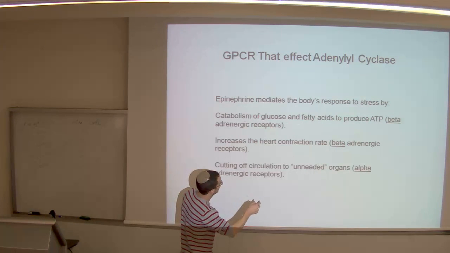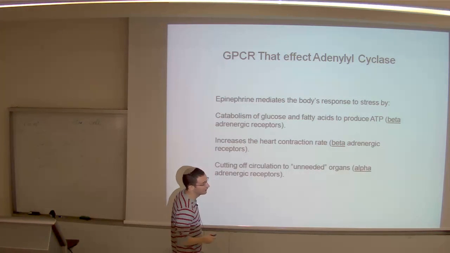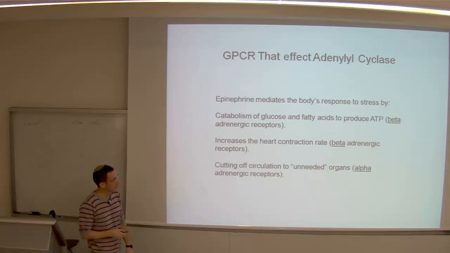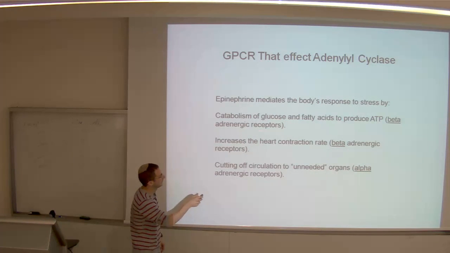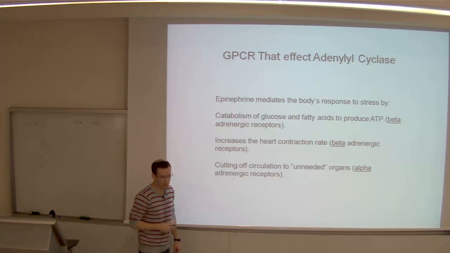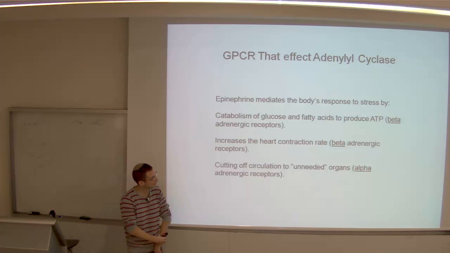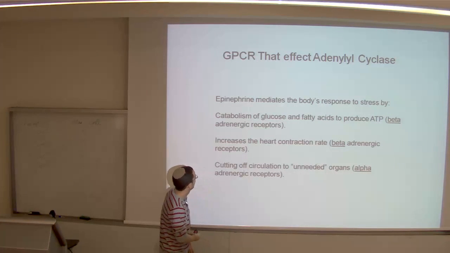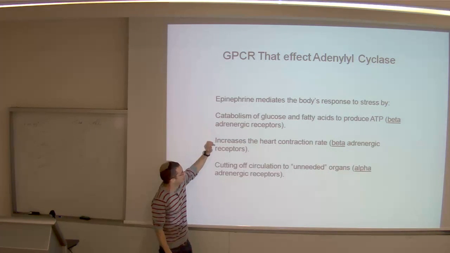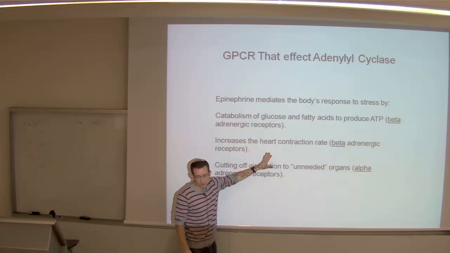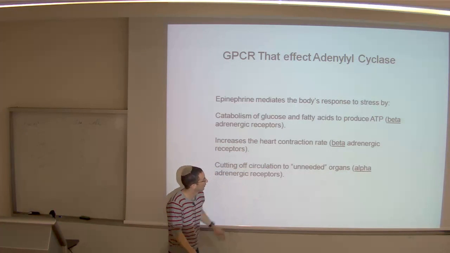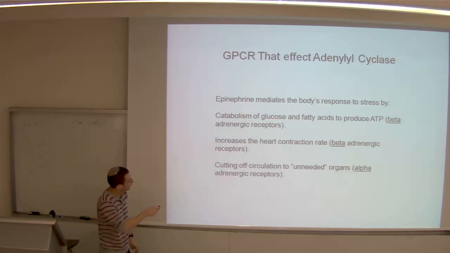And as you know, these are the reactants for production of ATP. And this happens through the beta-adrenergic receptor. When epinephrine meets certain receptors on certain cells in the heart, so through beta-adrenergic receptors, it will cause an increase of heart rate.